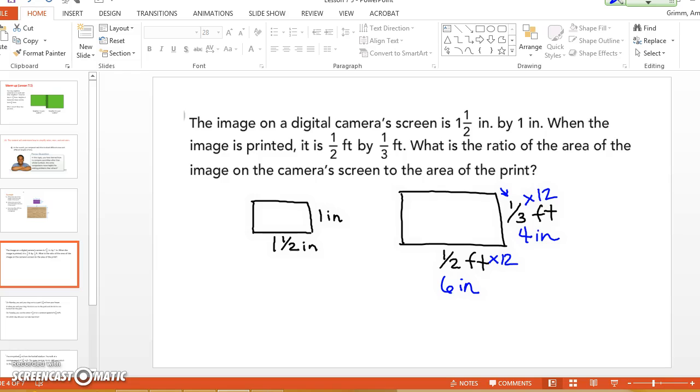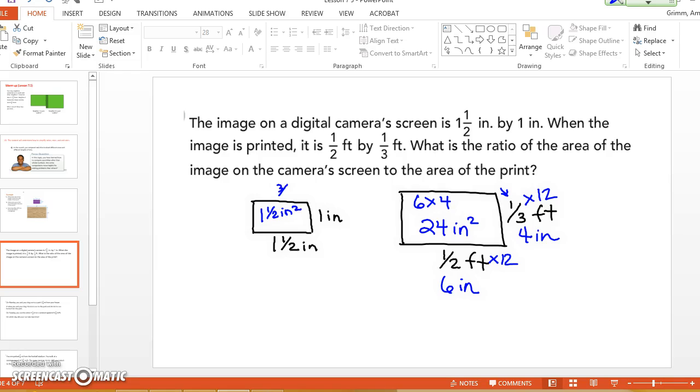Okay, now what do I need to do? I gotta find the areas, right? Multiply. Okay, so multiply each one. So 6 times 4, this one is 24 square inches. Good. And then this one over here is going to be, let's see, just 1.5 times 1 is 1.5.